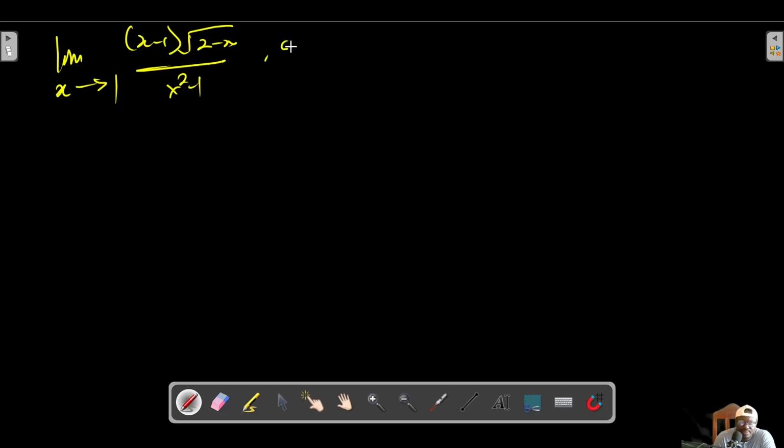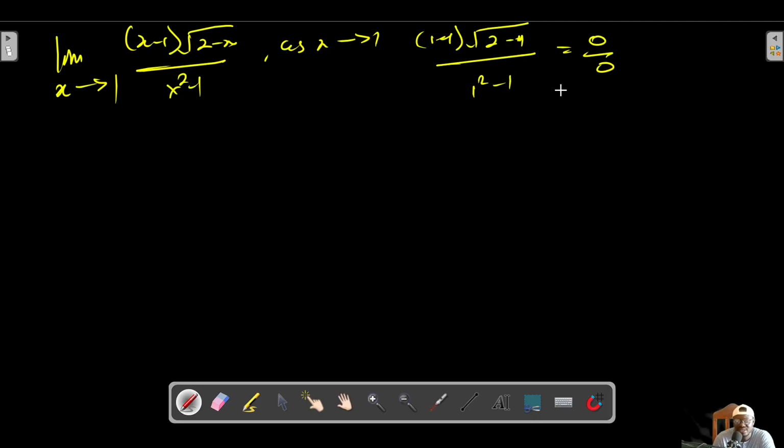So here, as x is approaching 1, we end up with 1 minus 1 multiplying root of 2 minus 1, divided by 1 squared minus 1. We end up with 0 over 0. So this is clearly an indeterminate. So what do we do? We have x minus 1 here, but x squared minus 1 also has factors containing x minus 1.